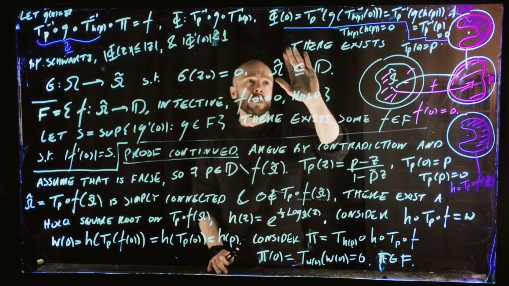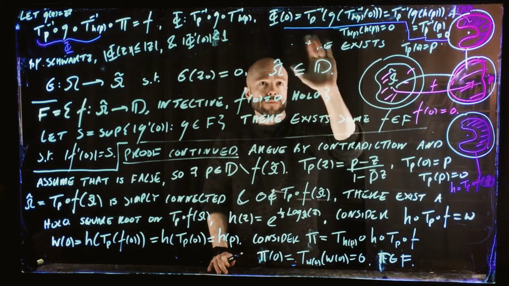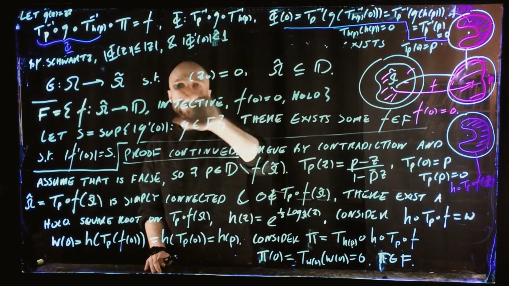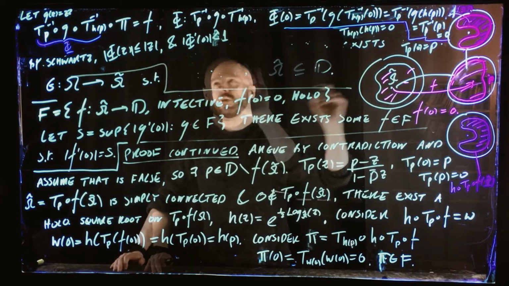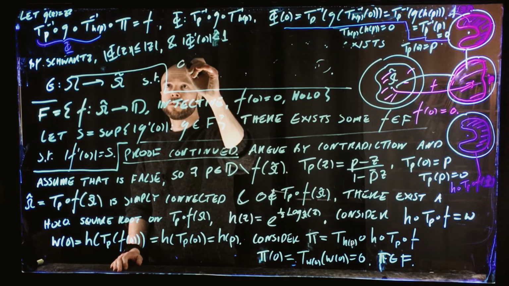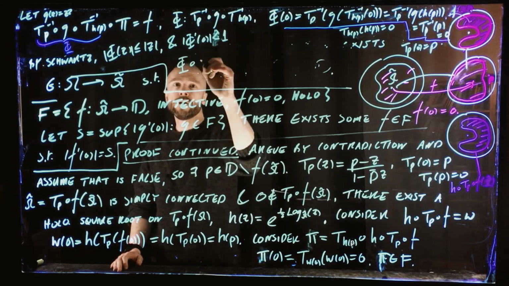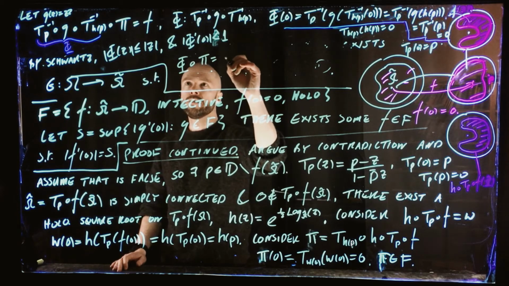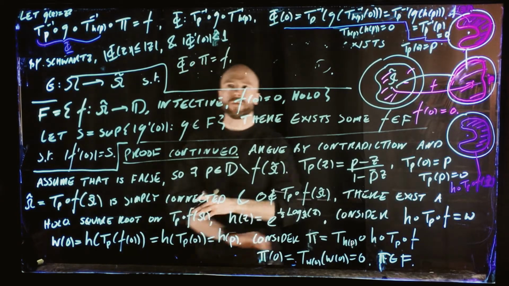Yeah? So that means that our mapping f, what we have is that phi composed with pi is equal to f, right?